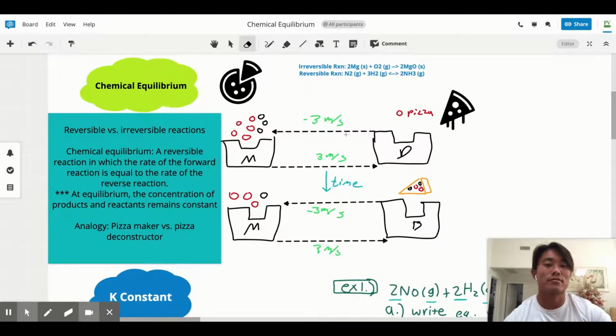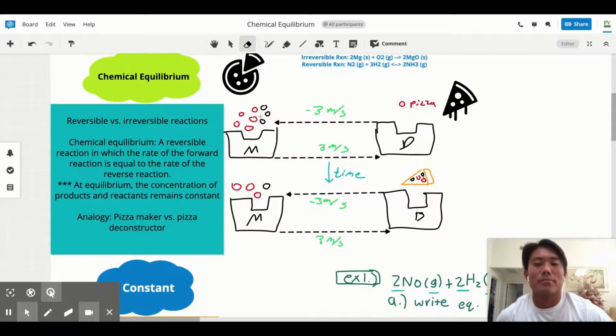Which is the reverse rate right here. And the reverse rate is signified with a negative sign, which is just convention because you're going to the left. So I put in my initial ingredients, and notice that I'm only starting off with the pepperonis and the sausages, and I have no pizzas to start off with, right? I have nothing to put into the right-hand side. So just keep that in mind. We'll come back to that later on.